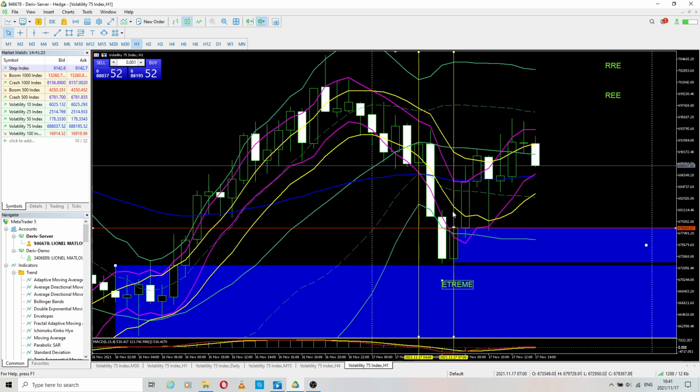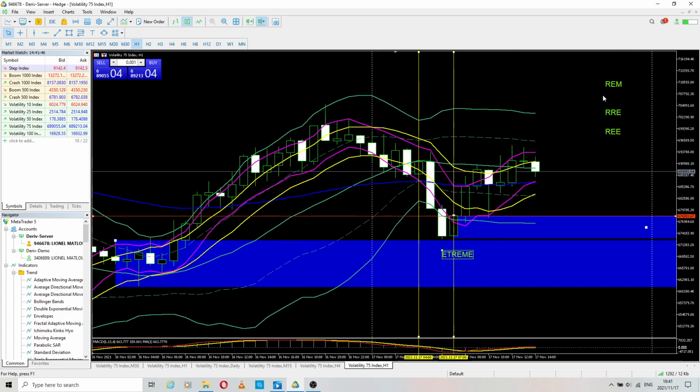So because this is an extreme, what we do is we take this, we say, all right, this is what we have here. We are going to use this last candle now, because now on the codes we had a re-entry, we had an extreme. This is our extreme.